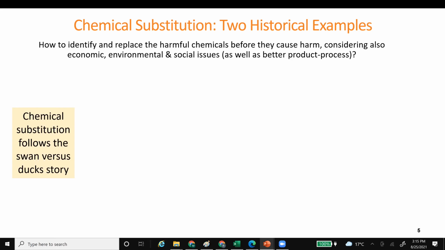Then a competition was held: who can propose a solution for this duck problem without killing the ducks, so that we can use the land again? And the solution was, why don't we get some swans? The swans would chase the ducks away, and we could sit again very nicely and enjoy the view with the swans swimming in the water.